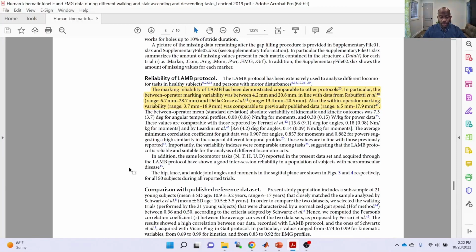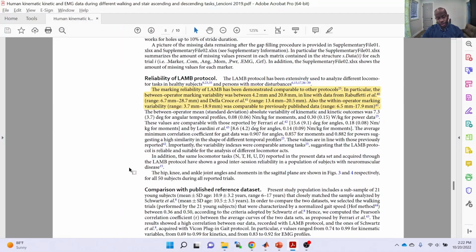If you're not familiar with doing reliability studies, key things that you might want to assess, for instance, if you're placing markers on someone, imagine you take 5 people, bring them into the lab, place your marker set, evaluate some measure of their self-selected walking speed, peak knee flexion, for example.